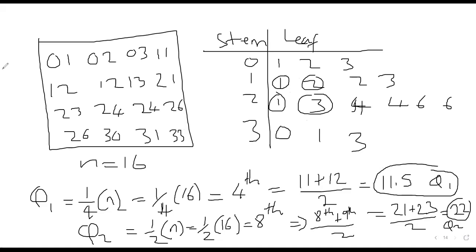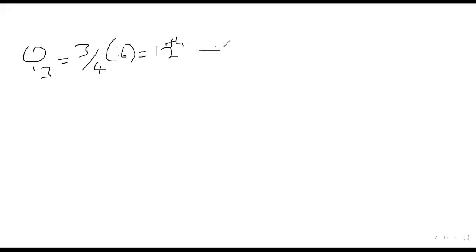Then finally, how do we get the third quarter? Quarter 3, what do we get? 3 quarters of what? Of n. 3 quarters of 16. So that will be the 12th number. So what does this mean? The 12th number, we're going to average the 12th number and the what?